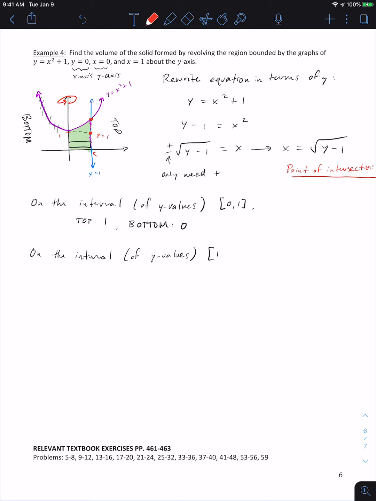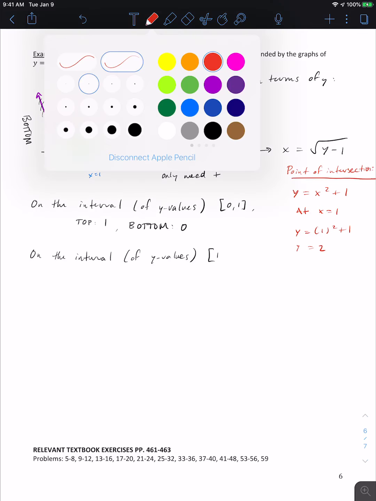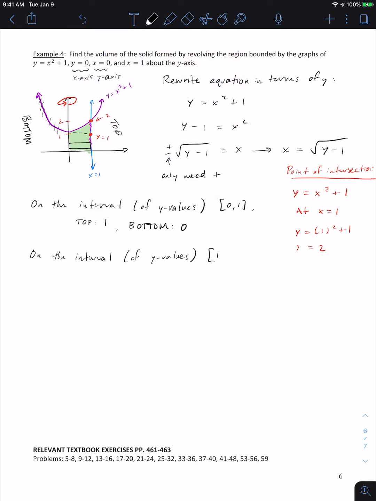So I can go to my function here, y equals x squared plus 1, and I know at x equals 1, this becomes y equals 1 squared plus 1, so y equals 2. So I know right here is the y value 2, because I know the x value that I'm plugging in is going to be 1, so the y value that corresponds to that on the graph of y equals x squared plus 1 is 2, right? Okay, so that's how I know that I'm going now the y value from starting at y equals 1 to y equals 2.